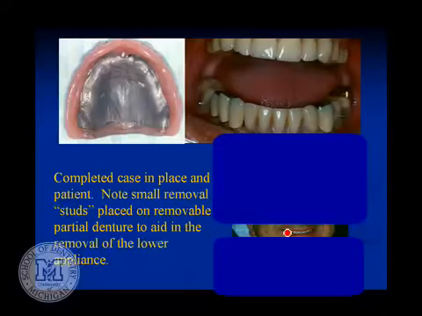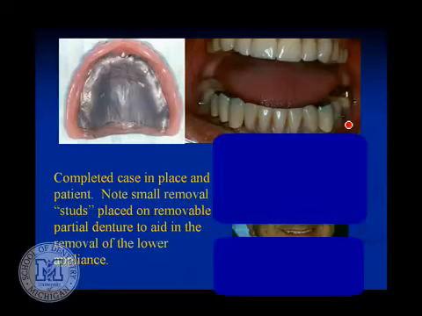And the answer is they either need to try to get their thumbnail under the edge of the clasp, or one can make little teeny, what these are is little stainless steel dowels that I cut a section of and embedded in the partial so that they stick out a teeny little bit so a patient can get their thumbnail under those.